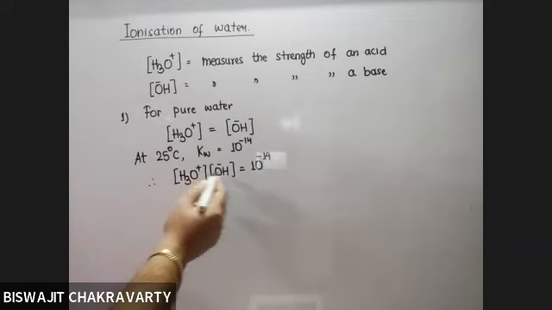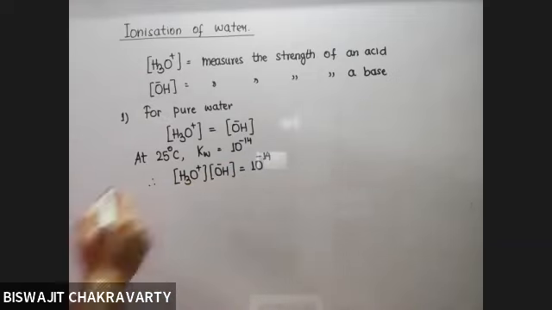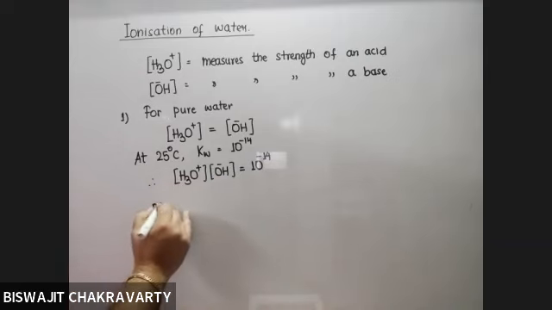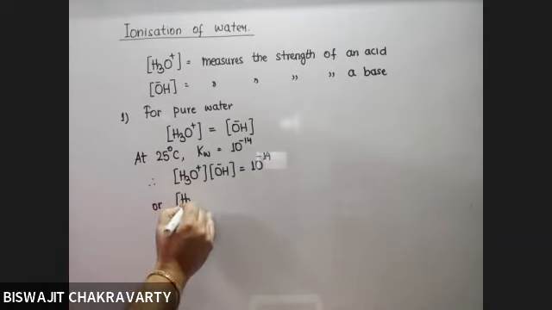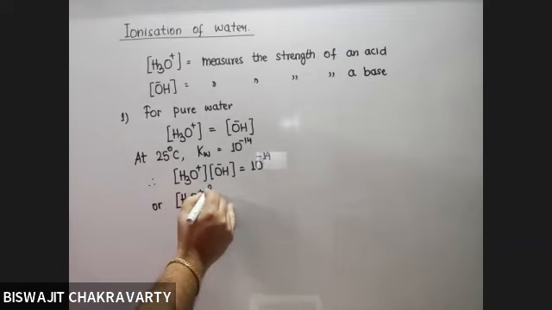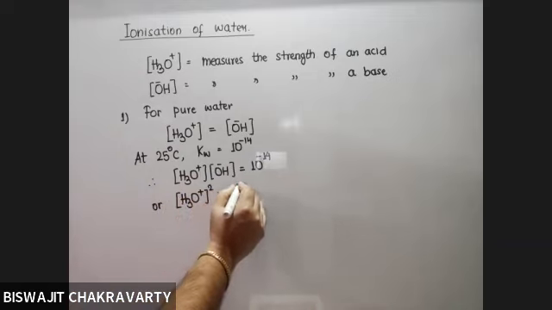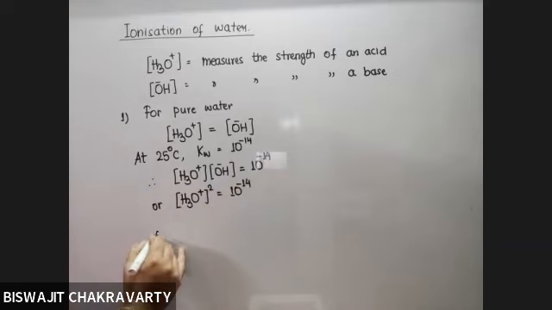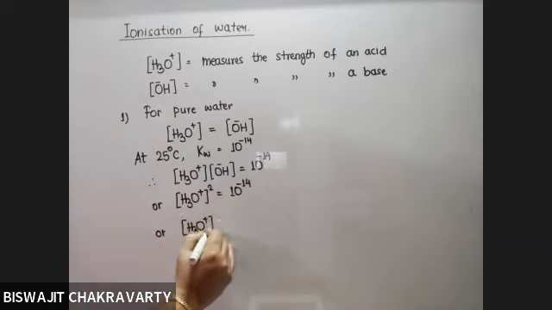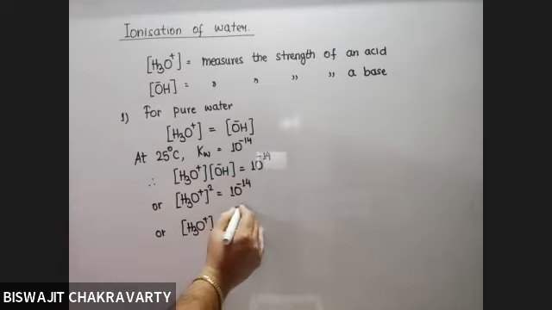And since both are equal, in place of OH minus we can place H3O plus. So it will be H3O plus square is equal to 10 to the power minus 14, or H3O plus is equal to 10 to the power minus 7. See whether it is understood or not.